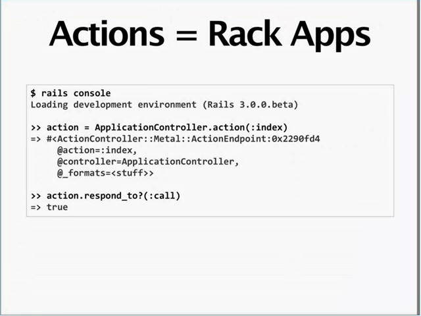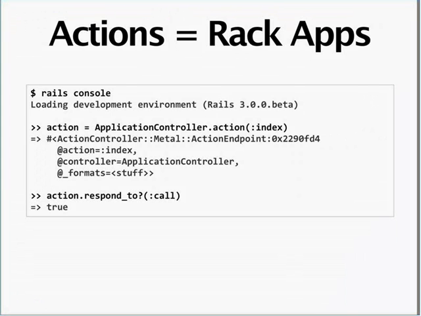Given any controller, you can say controller.action and then the action name, and what's returned to you is one of these ActionController metal components. I believe that's different than the Rails middleware thing. It's specifically for these actions. But the metal action endpoint object responds to call and knows how to dispatch requests to a new instance of application controller on the index action.